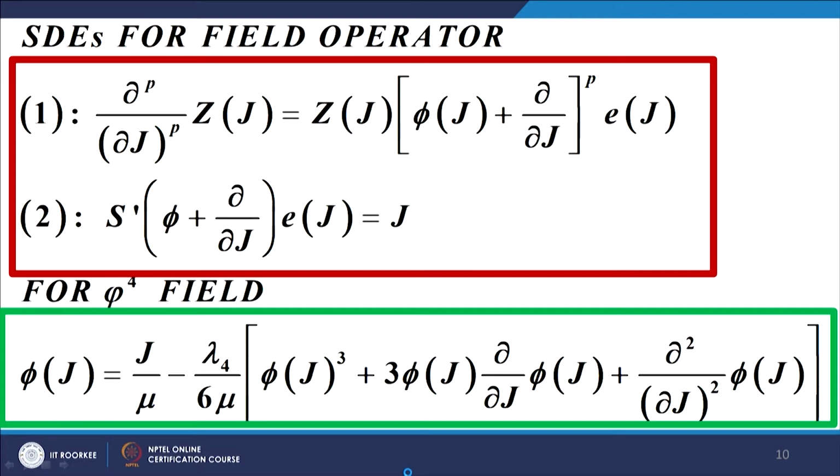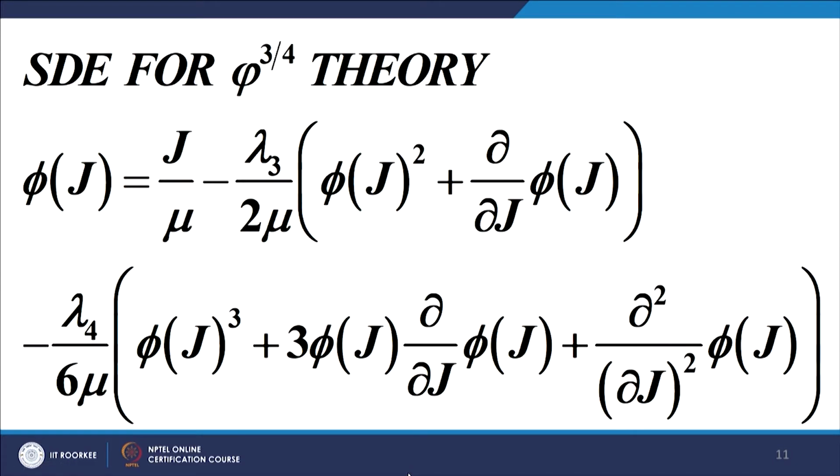We obtained it in two forms given as equations 1 and 2 in the red box, and for the specific case of the phi 4 field we got the expression in the green box. The Schwinger-Dyson equation for the phi power 3 by 4 field is given in this slide. We have that extra term with the coefficient lambda 3, which is representing the phi 3 field in the action.